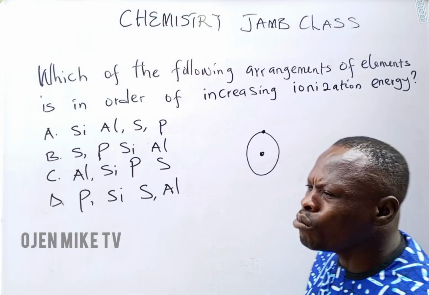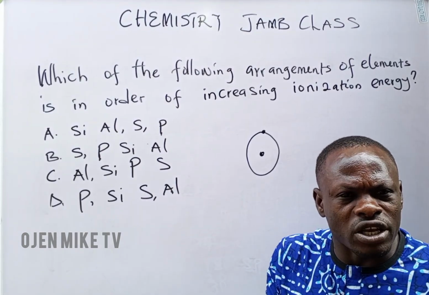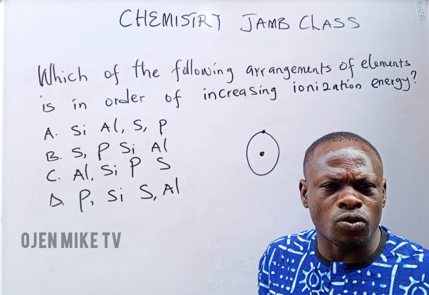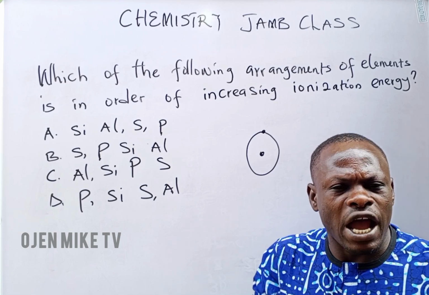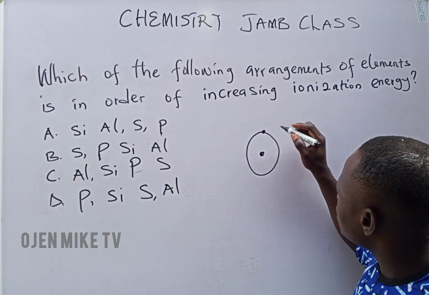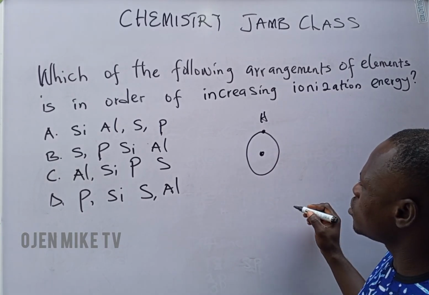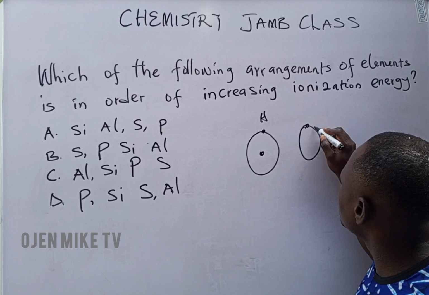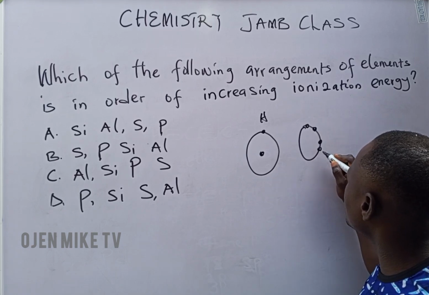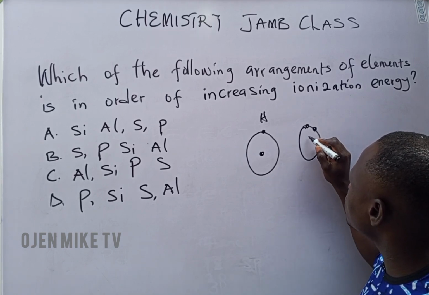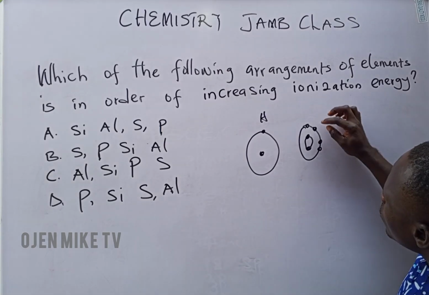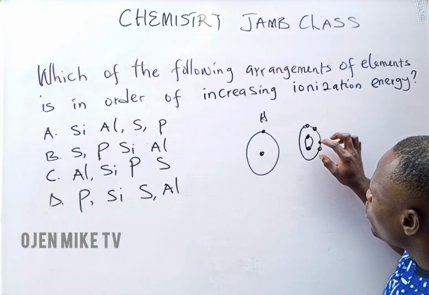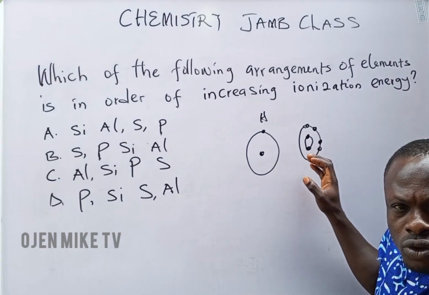Remember, the more electrons are added to a shell, the more difficult it becomes to remove one, because of what? The number of protons being added. For instance, if this is hydrogen and we have another shell, you discover that the more electrons are added to this shell, the more it becomes closer to the nucleus.